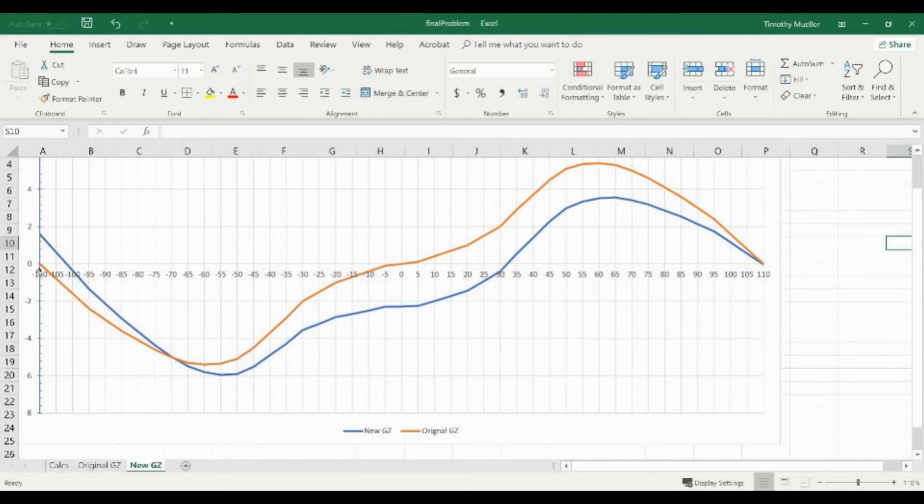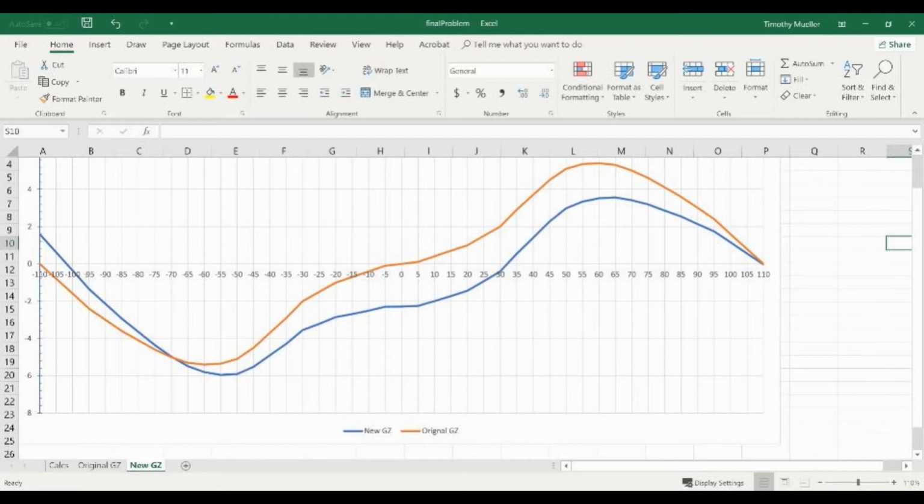Look what happens over on the port side. So we have this angle of list here, and then all the way from starboard 31, 32 degrees, all the way to port about negative 102 degrees, we have negative righting arms, which means all of these are trying to push us, I'm sorry, trying to push us clockwise.